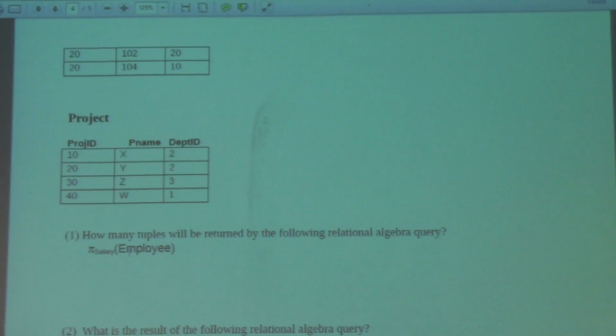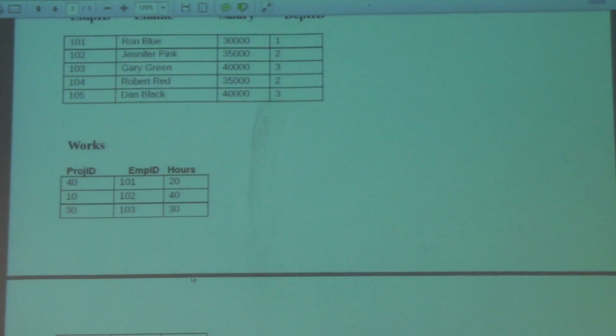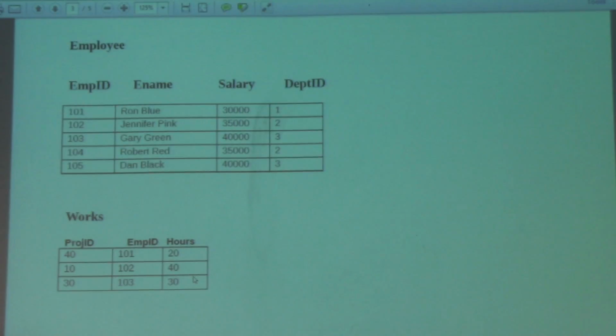The first question: how many tuples will be returned by the following relationship? Salary from employee. 5? 3. Why? Distinct. This is a relationship, not a table, so it doesn't have duplicates.